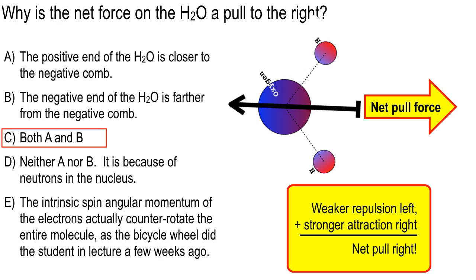It's rotated, so now your positives are there on the right side, and they're going to get an attraction to the negative Coulomb, plus they're a little bit closer, a little bit stronger, right? So the net pull is to the right. So make a note of that. It's a combination of A and B, and that means C is the best answer for that one.